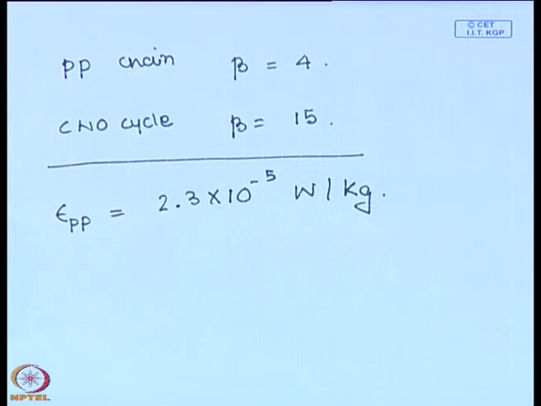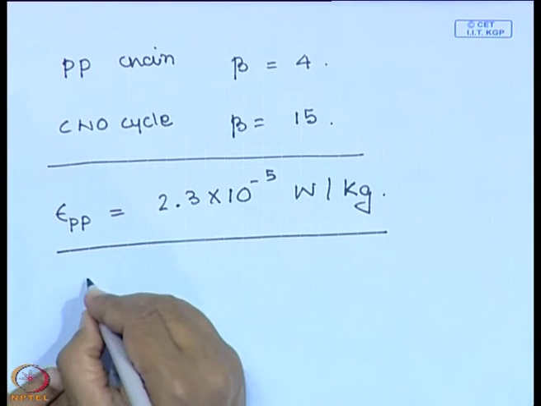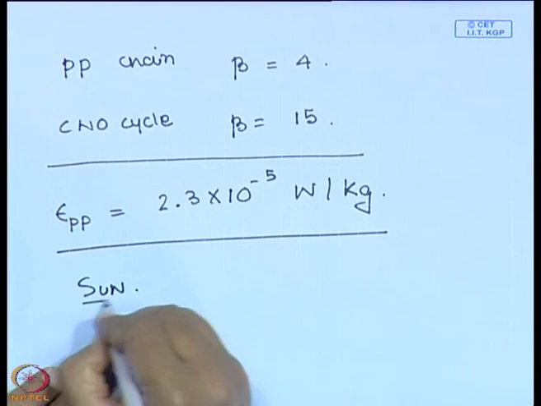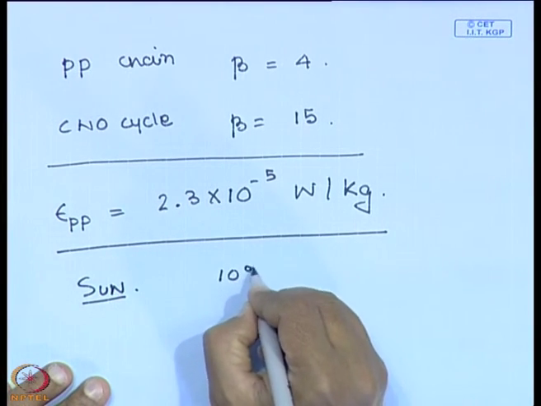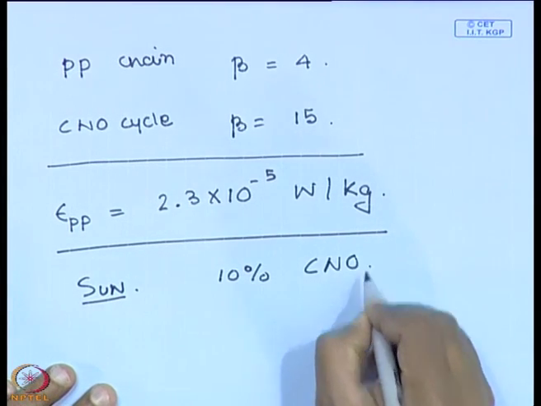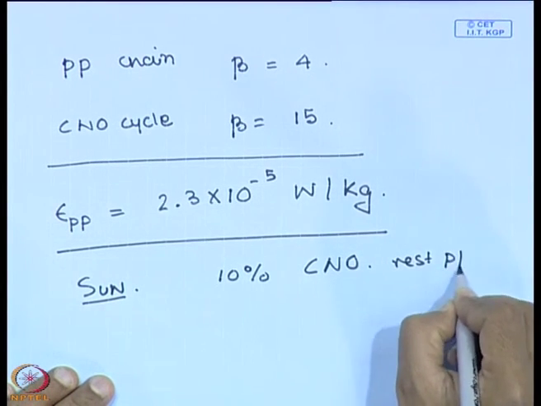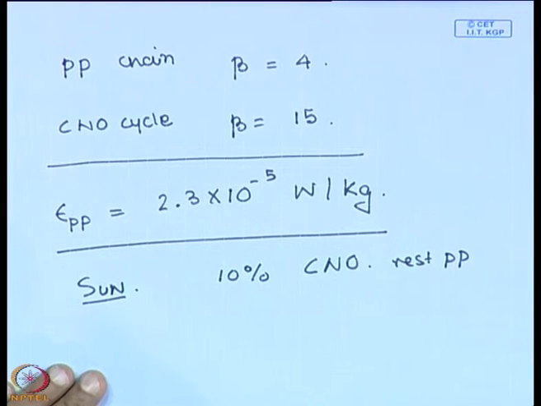These are for the parameters of the sun, which I have already told you the values: the temperature inside the sun, the density inside the sun, etc. For the sun, 10% of the burning is through the CNO cycle, the rest is through the PP chain. But for more massive stars, the CNO cycle is much more effective.